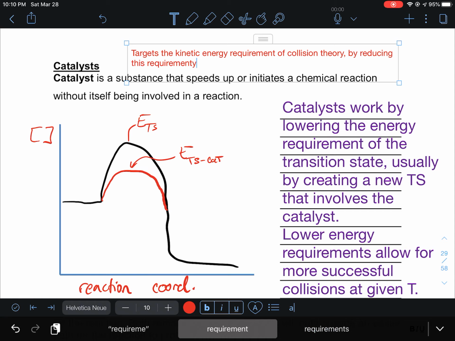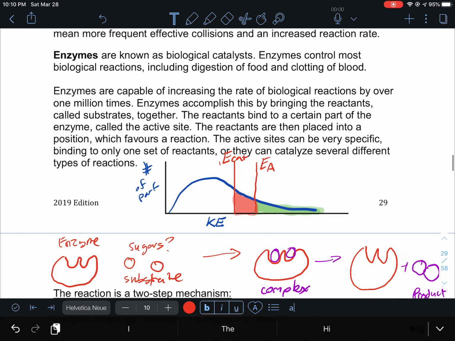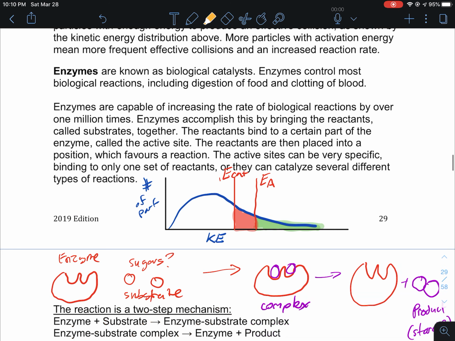On our Boltzmann distribution, this means that we're shifting the arrow back, right? So here's my example here. The collision with the catalyst, we are reducing the energy requirement, and so by reducing the energy requirement, we open up the ability for many more particles to react.